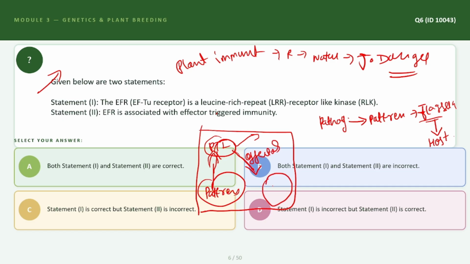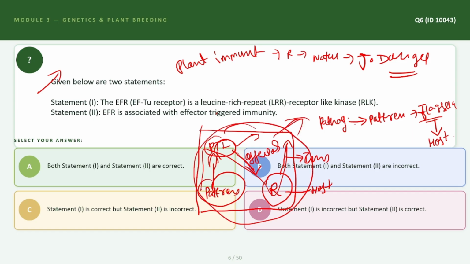Then R genes are produced by the host, and these R genes provide the immunity. This zigzag scheme of plant immunity was presented by Jones and Dangl in 2007, I think. It's a very, very important paper.